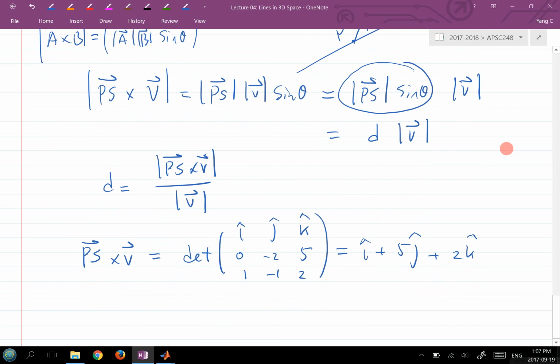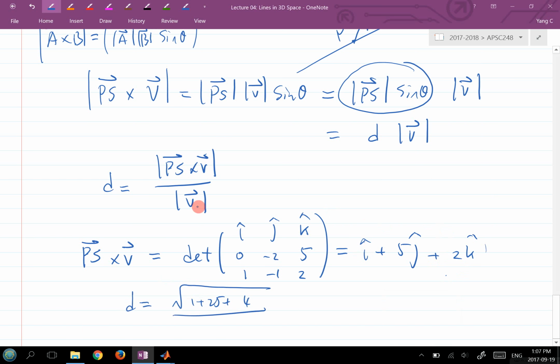Then in terms of calculating D, you need the length of this vector. So the D here, you get the length, 1 plus 25 plus 4.